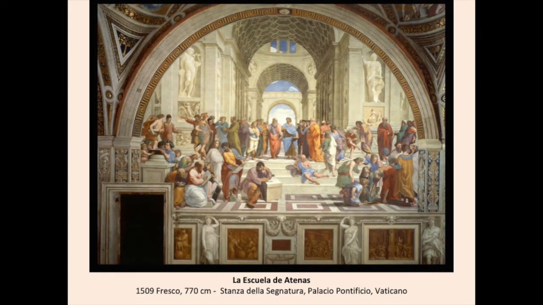The School of Athens, also from our so beloved Raffaello. These are located in the Vatican, yes? Well, first, what do we see? Classical elements, elements belonging to the ancient Rome and Greece.